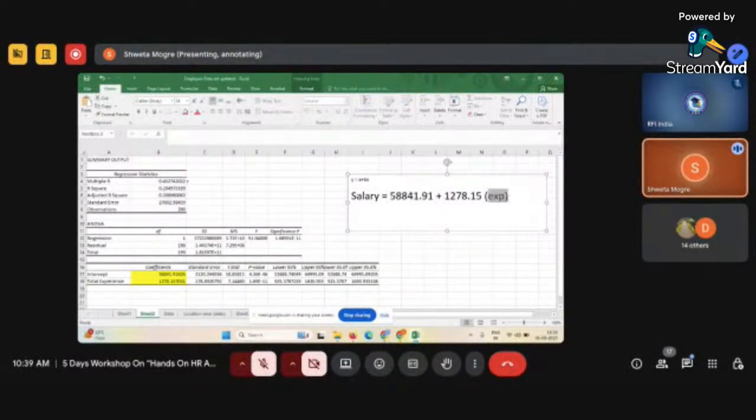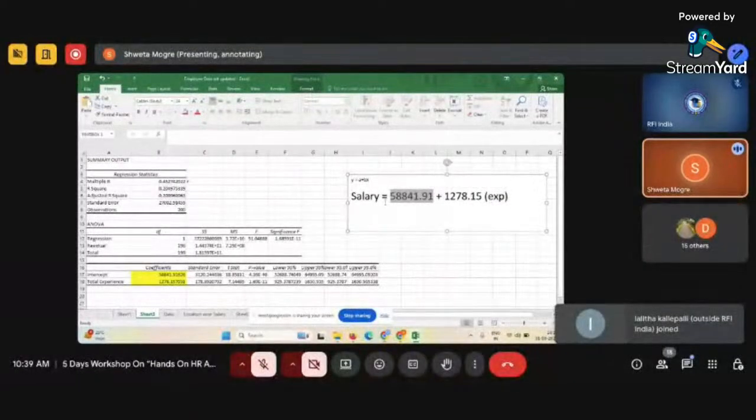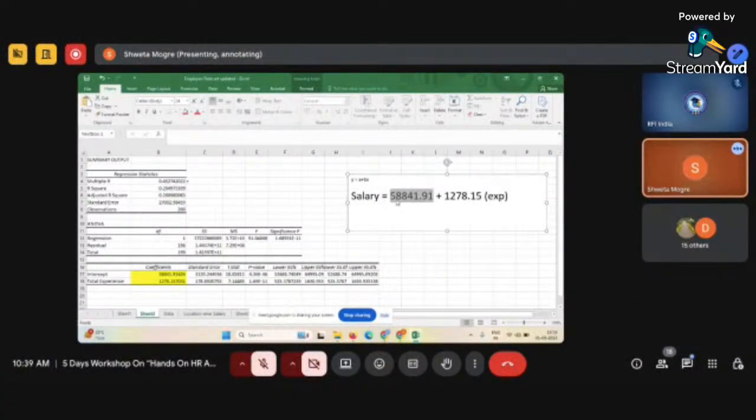So 1,278 multiplied with 0, what will we get? 0 only. So what is the value of salary? 58,841. So if my experience is 0, what would be the amount of salary? That is known as intercept. Is it clear?